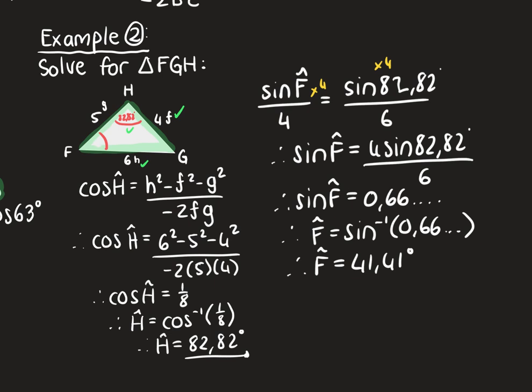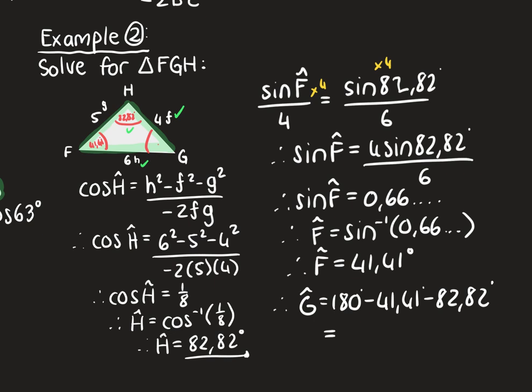What are we missing, guys? We're just missing the third angle of the triangle, right? And how do we get that? How do we get the third angle of the triangle? Very simple. The sum of angles in a triangle adds up to 180. So therefore, we don't even have to use trig here. We can just go angle G is equal to 180 minus the 41.41 minus the 82.82 degrees.